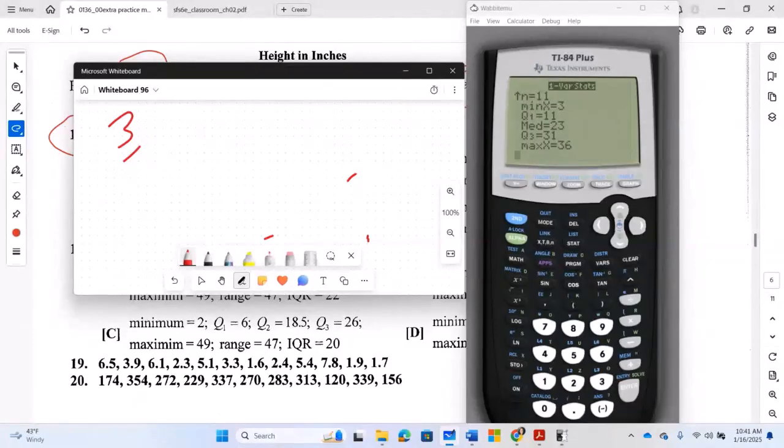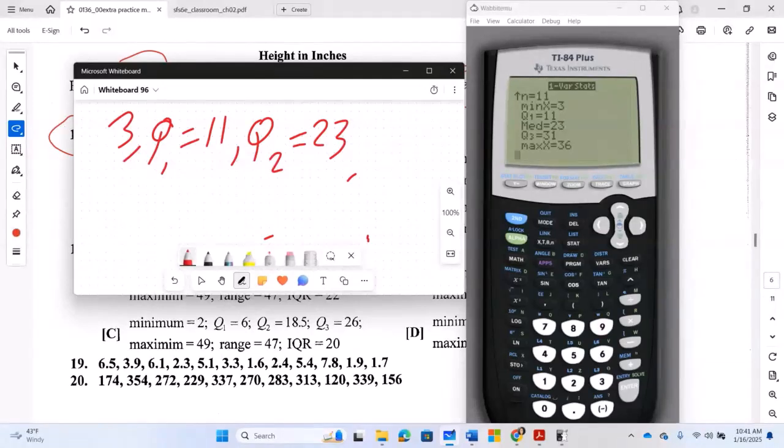The first quartile, Q1, according to this, is 11. Median, which is the second quartile, is 23. I'm asked to find all the quartiles.